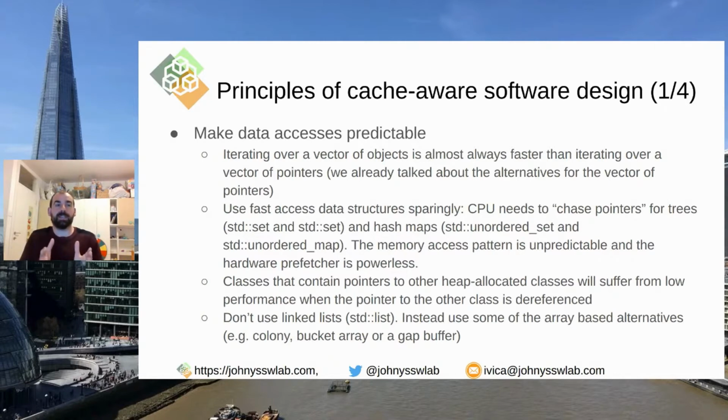So you declare the class, you do not access it through a pointer, it's part of your class. Now the class is bigger. And as you've seen, the bigger the class, the slower the performance. So sometimes maybe you want to do that, but maybe you want to split your classes into two vectors, where one vector is for class 1, and the other vector is for the class that's pointed to. Then you have predictable access.